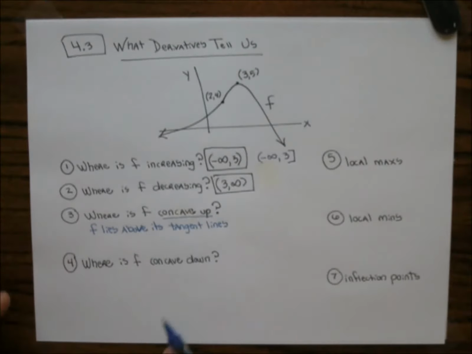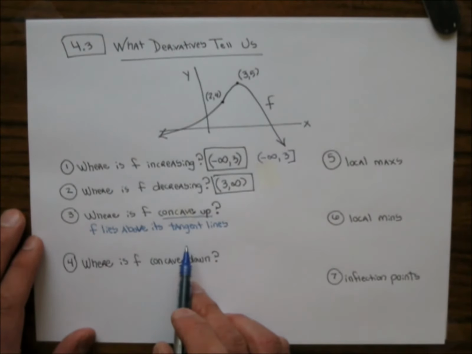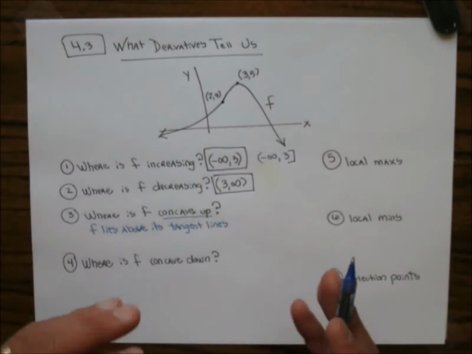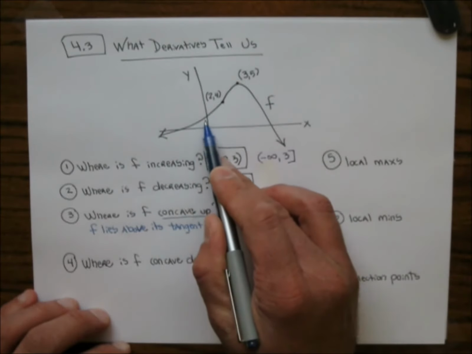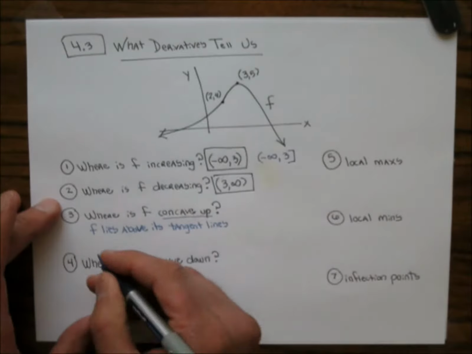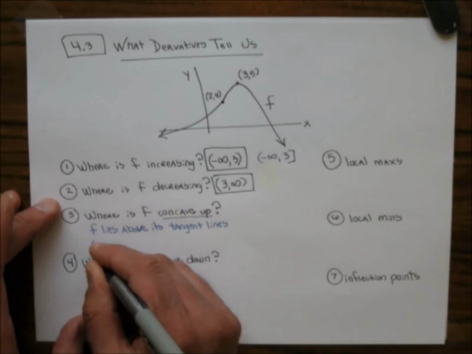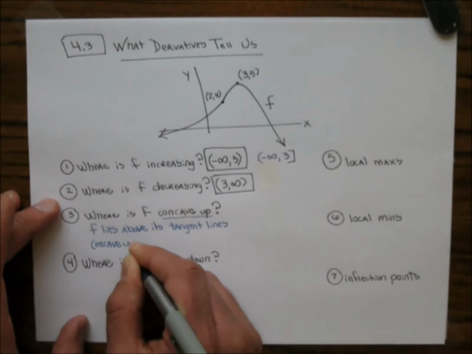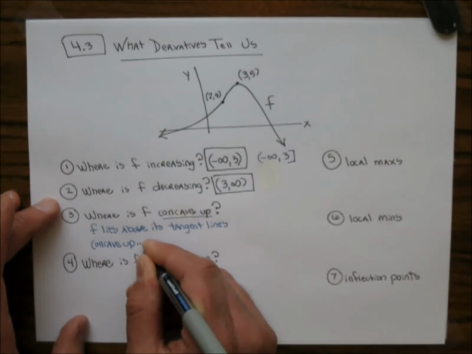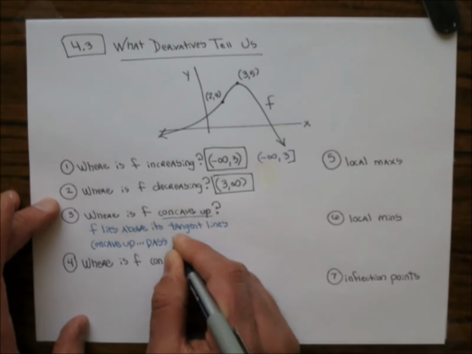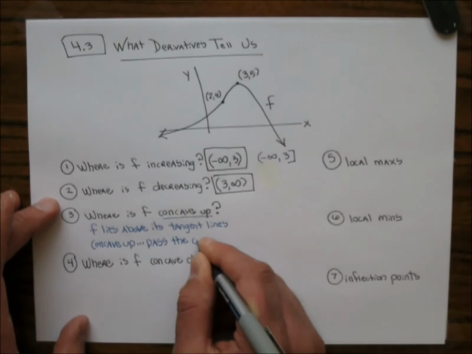Another way of thinking about concave up is the curvature is curving up toward the sky. It looks like the curvature is facing the sky. I've also seen this in a book to remember concave up: concave up, pass the cup.